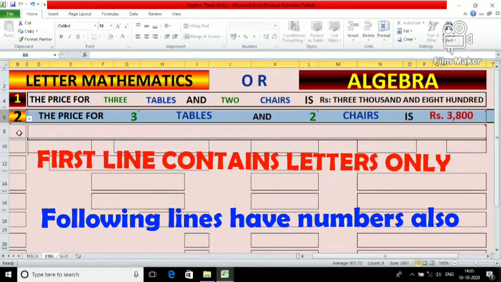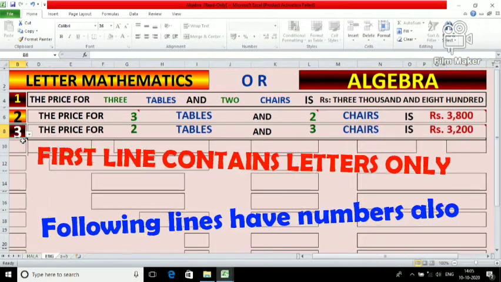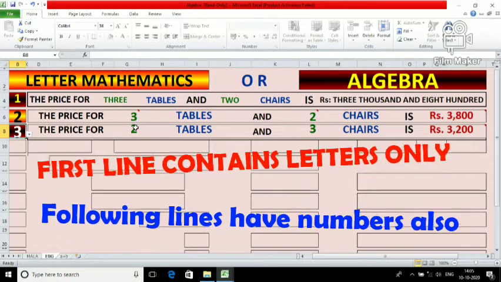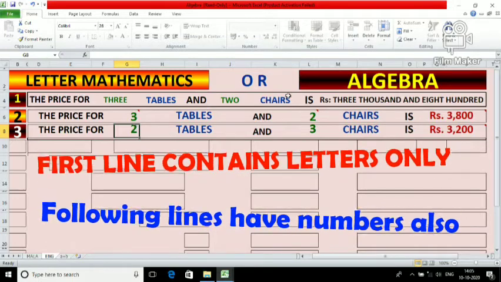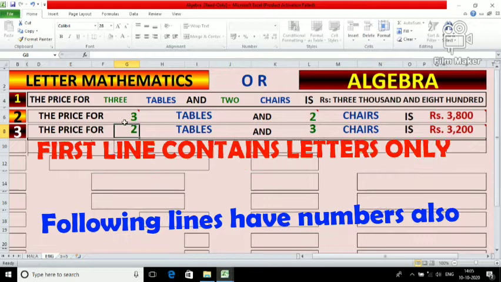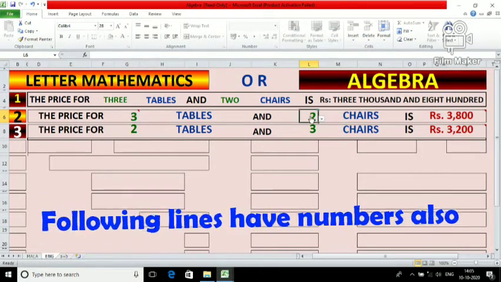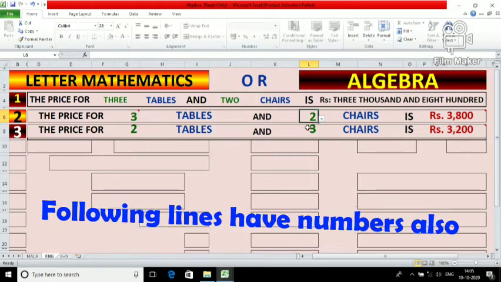Now let's come to the third one. What does the third line contain? See, it is the price for 3 tables and 2 chairs is 3,200. First one was 3 tables, 2 chairs, but it has changed to 2 tables and 3 chairs.